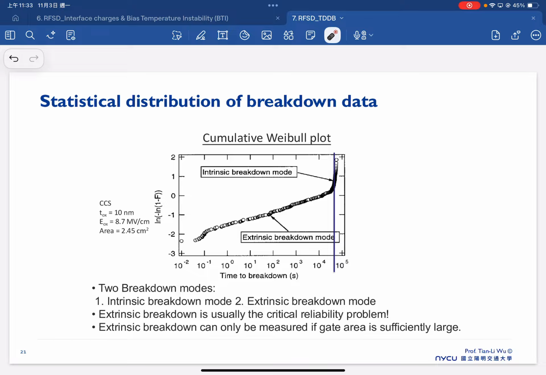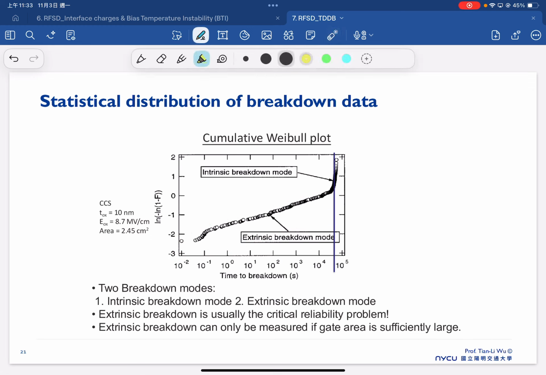Then you will see the whole Weibull plot can look like this, where we have this part showing here, and this part here, and this is all due to the different breakdown mechanisms here.